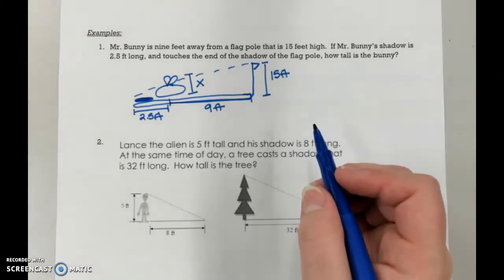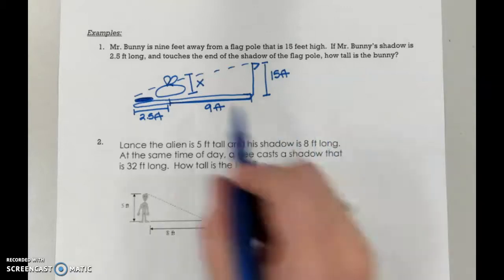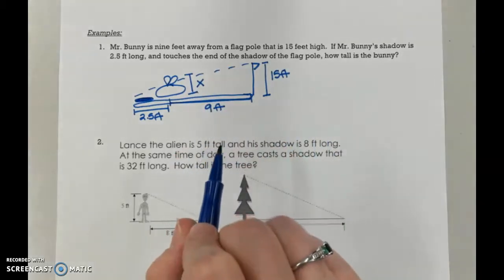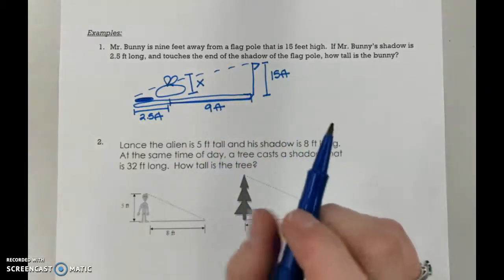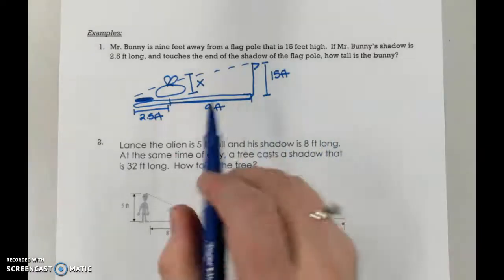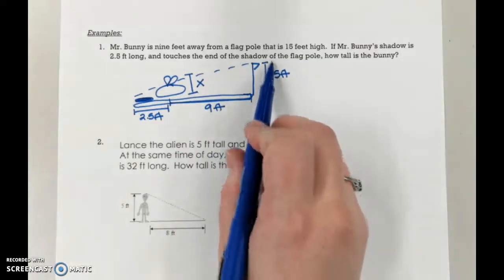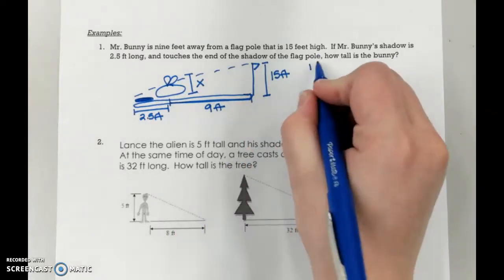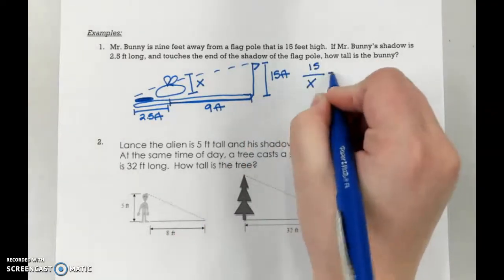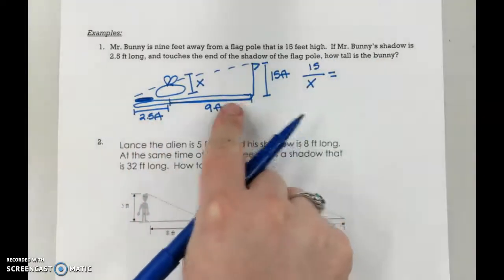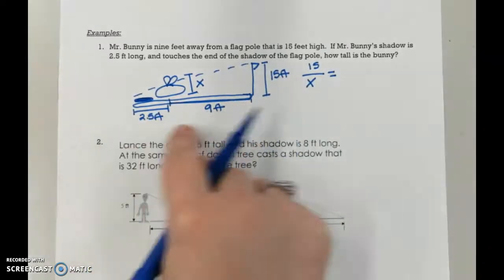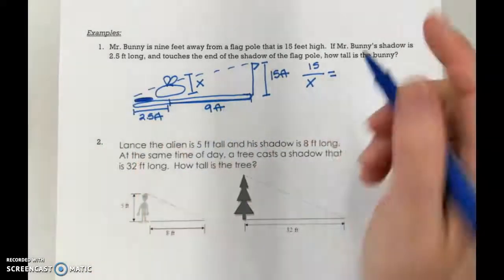Now, if I want to use what I know about similar triangles, I can solve for x by using my equal proportions, or ratio. So the ratio of the height of the flagpole to the height of the bunny would be equal to the length of the flagpole shadow to the length of the bunny's shadow.